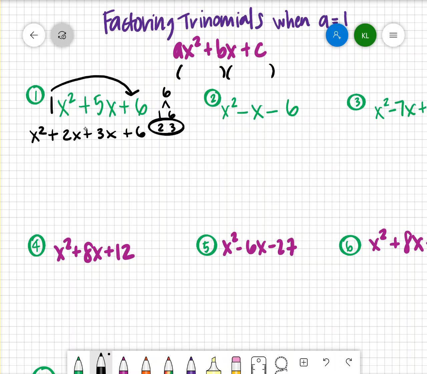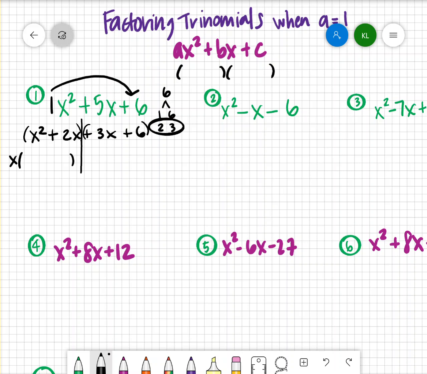Okay, now I'm going to group these. I do this by putting a line down the middle where I'm really just grouping the first 2 terms and then the second 2 terms. Now I find my greatest common factor. My greatest common factor between x squared and 2x is x.